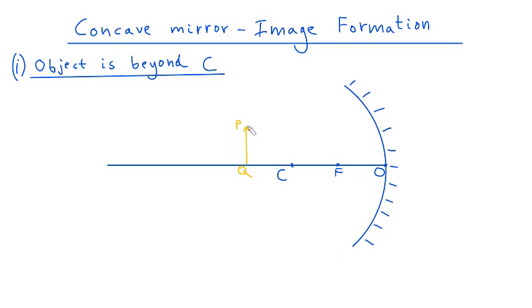In particular, you'll hopefully recall that if we have a light ray that starts from the tip of the arrow, and that ray travels parallel to the principal axis, this straight line drawn here, the ray that I just drew is parallel to that. And recall that such rays, when they meet a concave mirror, reflect in such a way that they pass through the focal point, like this.